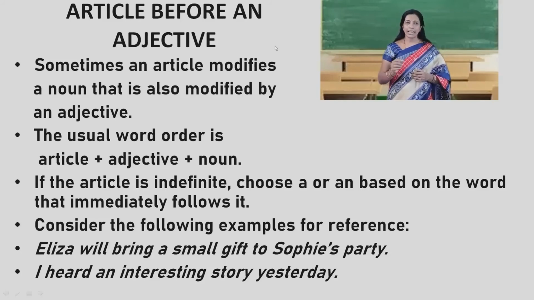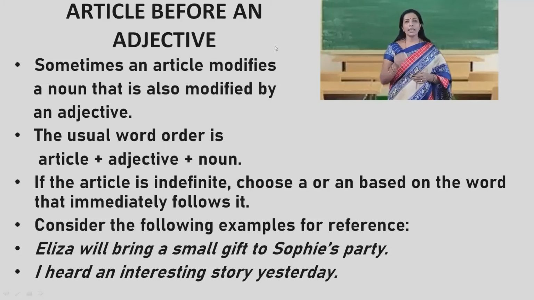Small is an adjective which is used to describe the noun. And the word which precedes the adjective is the article "a." Because small begins with a consonant, we use the article "a." If the adjective began with a vowel sound, then we would have to use "an."